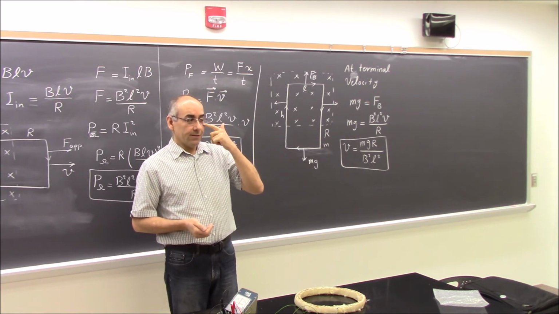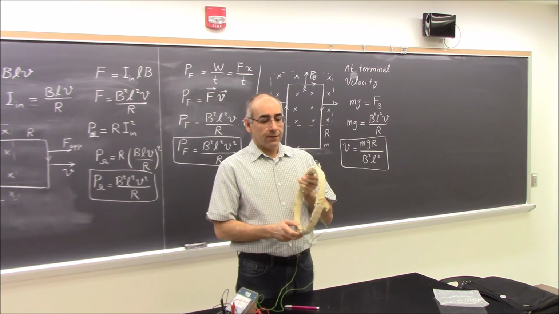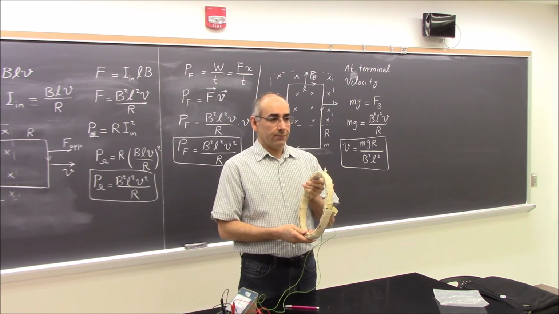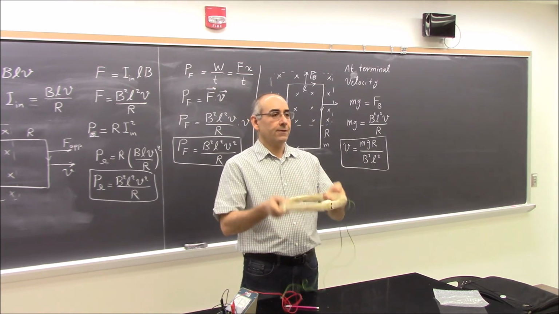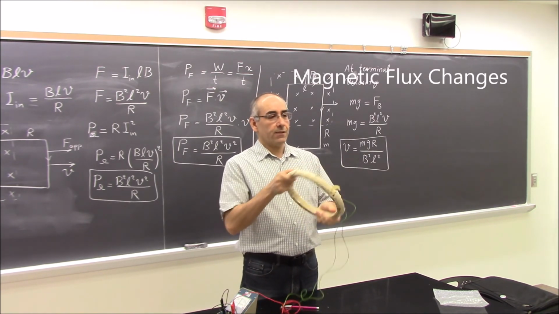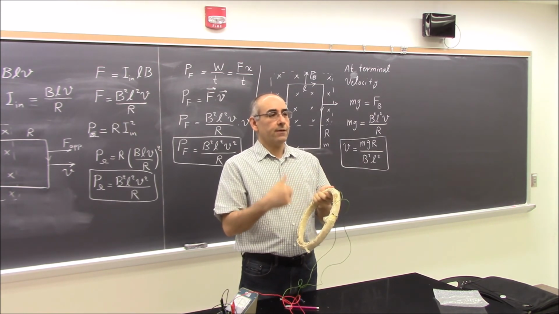In all the electric power plants, they have a loop of wire that is in a strong magnetic field. And then there's something to rotate this loop. When it rotates, the magnetic field changes in the loop, and that creates current.